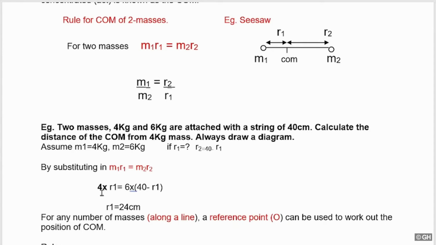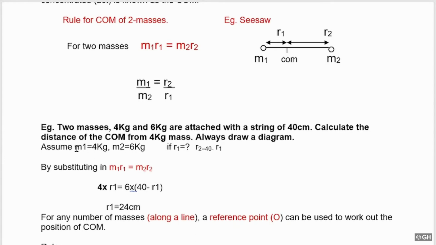Substitute the values. One side is 4 times R1, the other side 6 times (40 minus R1). When you simplify, you get R1 equals 24 centimeter, and that is the bigger distance. But R1 is from the smaller mass, the 4 kilogram mass, right?